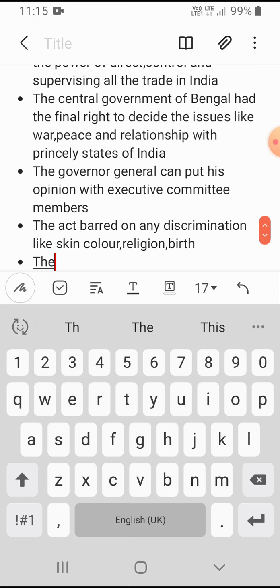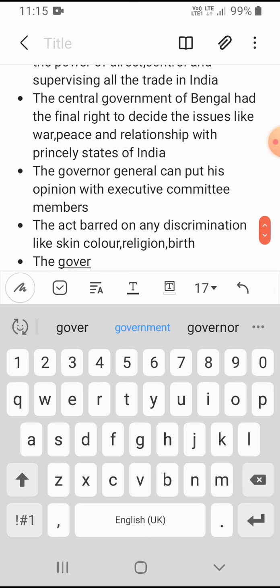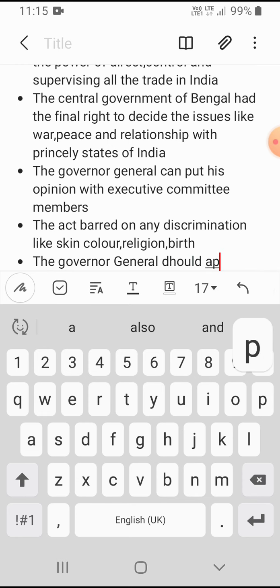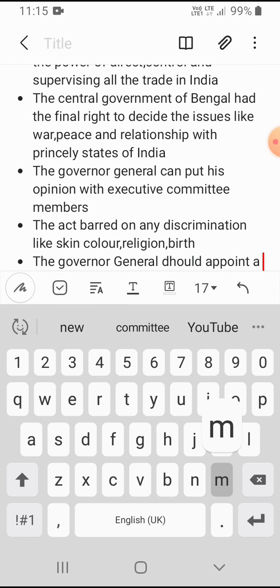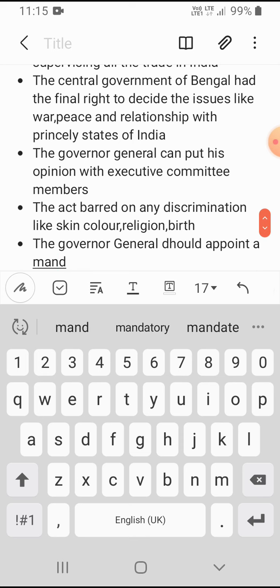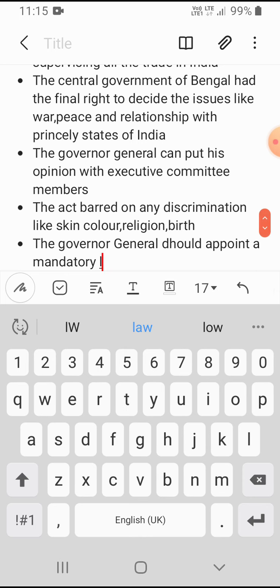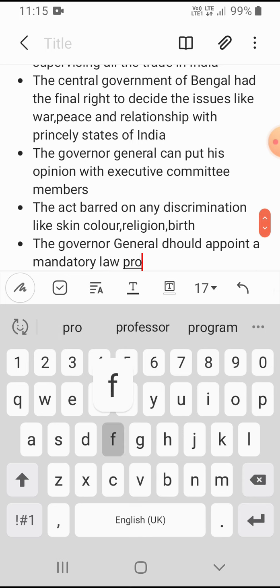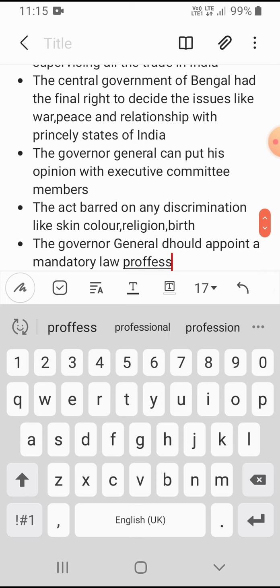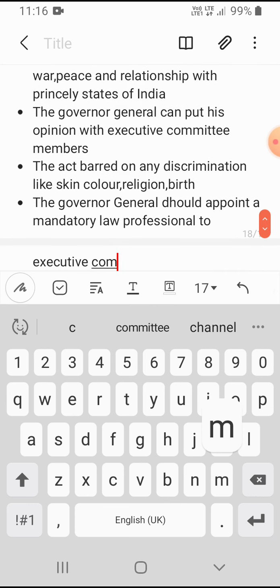The Governor General should appoint a mandatory law member to the executive committee, as well as a head.